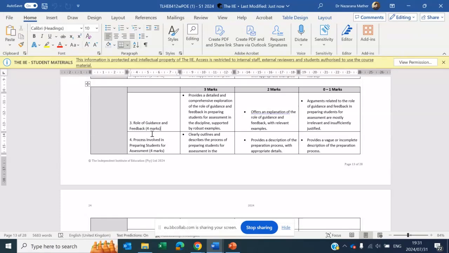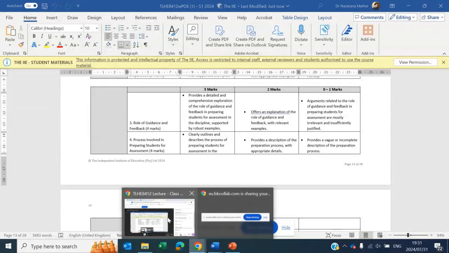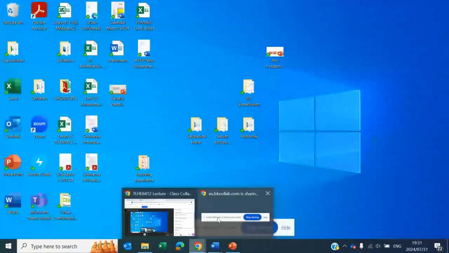So here, you must provide an explanation of guidance and feedback and the role that it plays in preparing students for assessment, specifically in your discipline, and then you can provide a few examples to motivate what you are saying. So that was guidance and feedback, which is also for 4 marks. I must remember to sort that out. Thank you very much for that.